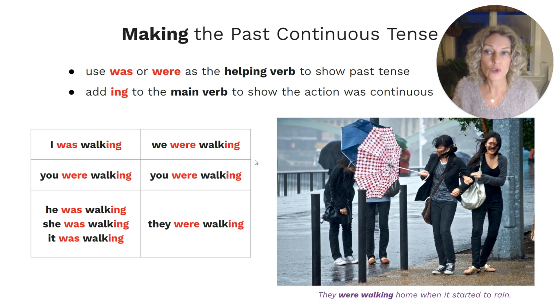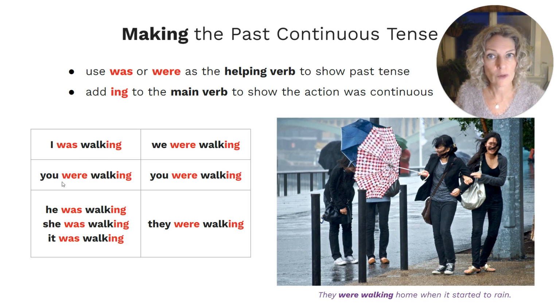I was walking. So our helping verb is was, and our subject is I. So we need to make sure that our helping verb agrees with our subject, and then we add ing to the main verb to show that the action was continuous. I was walking. And then if your subject is you, watch out, because you have to make sure that your helping verb agrees with the subject.